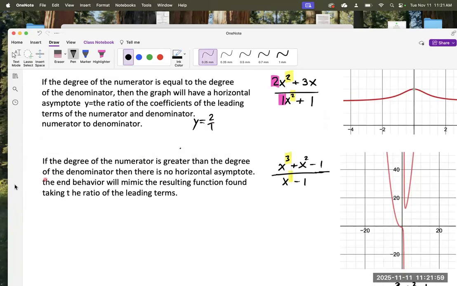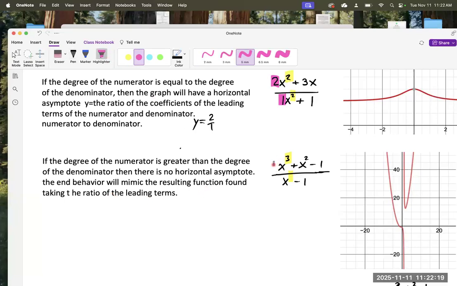Okay, the last case is that if the degree of the numerator is greater than the degree of the denominator, then there is no horizontal asymptote. And the end behavior will mimic the resulting function found by taking the ratio of the leading terms.